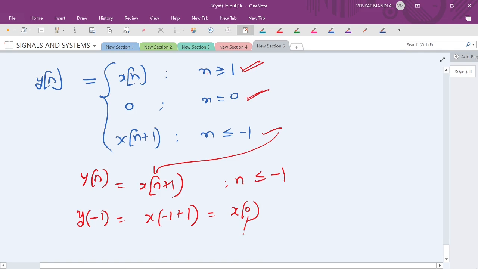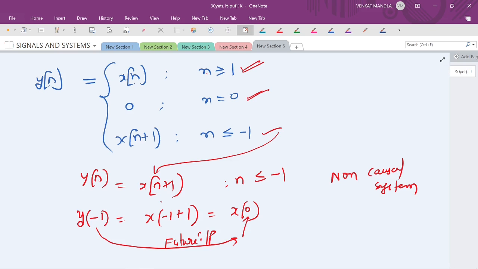But x of 0 is the future input for minus 1. So the system is non-causal. Or substitute y of minus 2: you will get x of minus 2 plus 1, x of minus 1. Minus 1 is a future input to minus 2. So the system is non-causal.